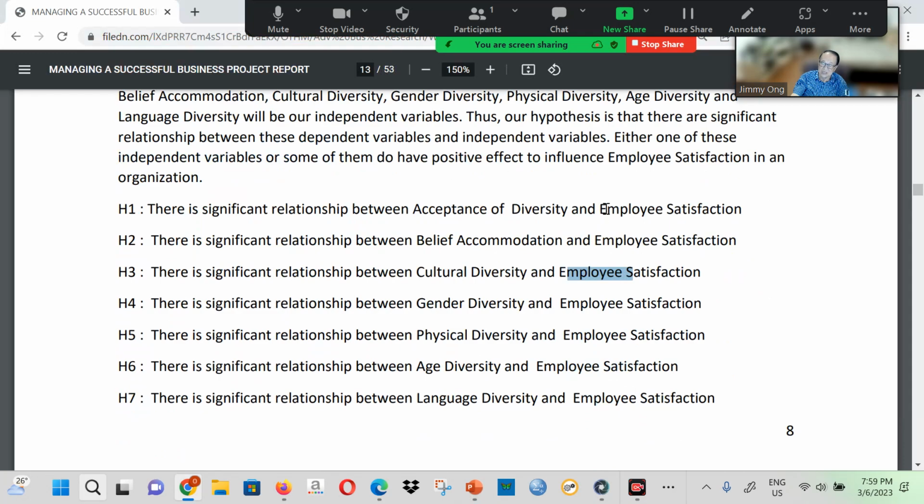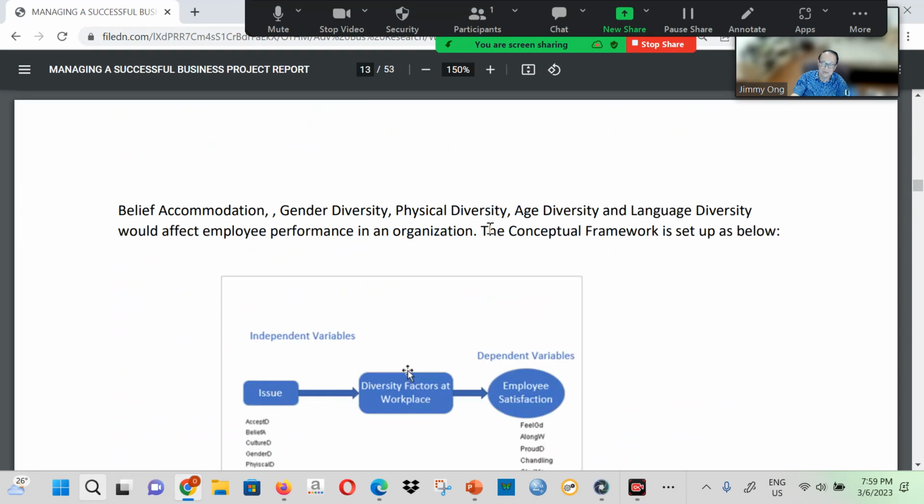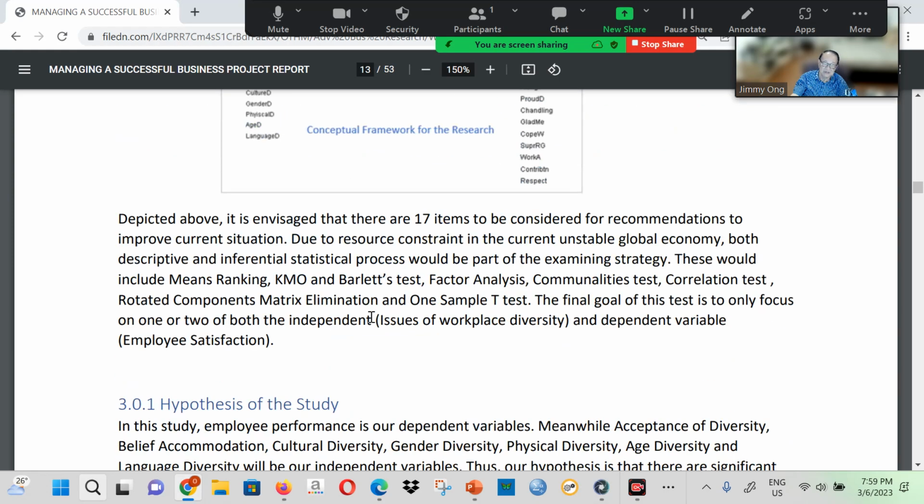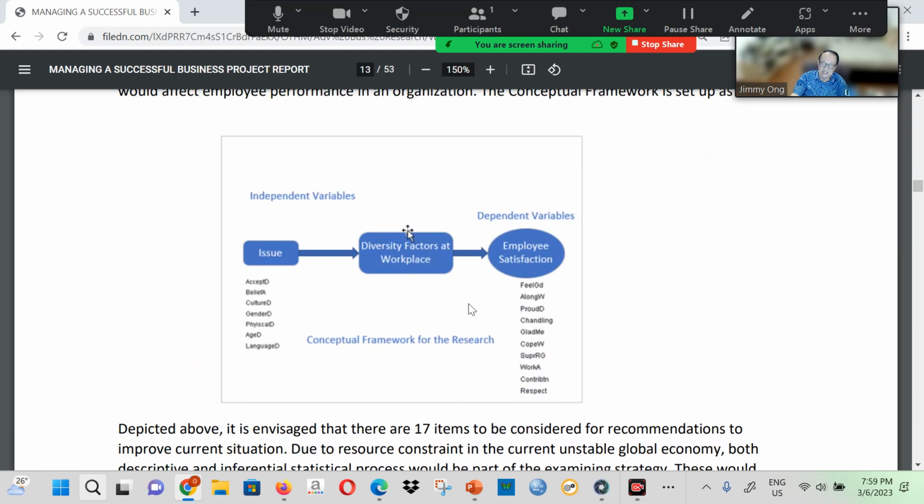You see this one? Employee satisfaction. These are the issues. You want to find out whether any of these 1, 2, 3, 4, 5, 6, 7 issues is significantly affecting it.